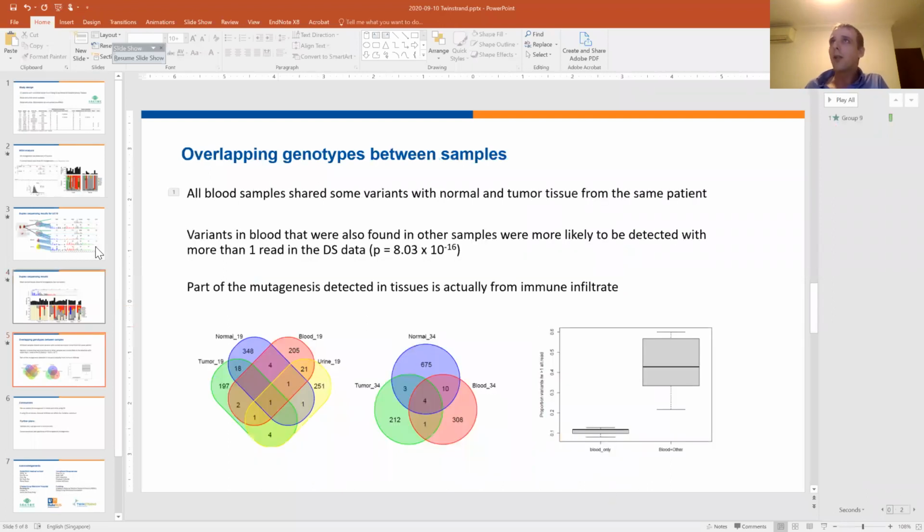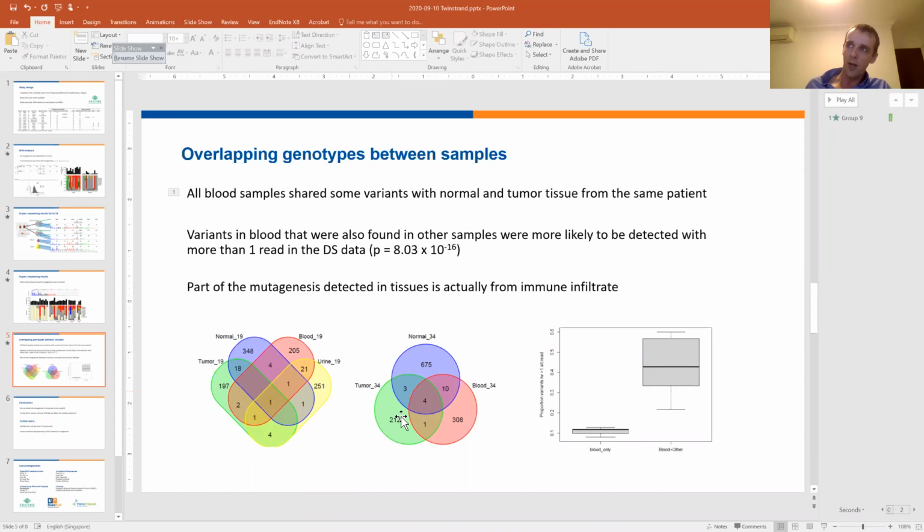One thing I want to highlight is that we see some overlaps between genotypes. We saw especially some mutations that are detected in the blood that are also seen in, for example, the tumor or the normal tissue or the urine. In this patient, for example, there's one variant that's actually seen in all.